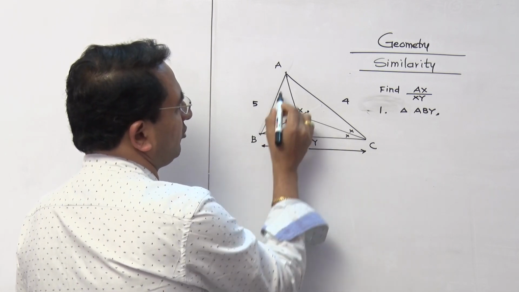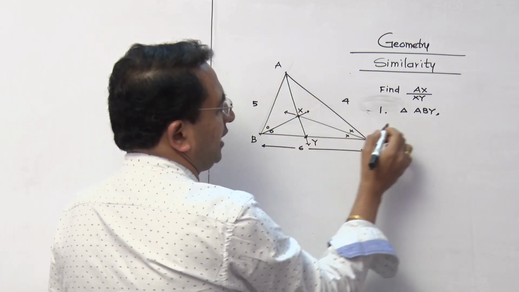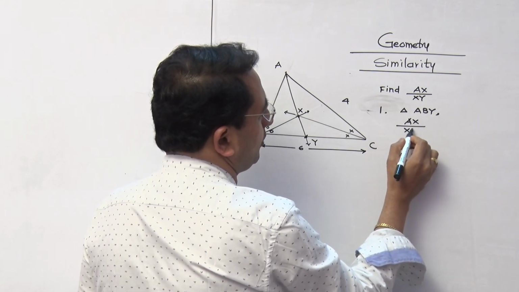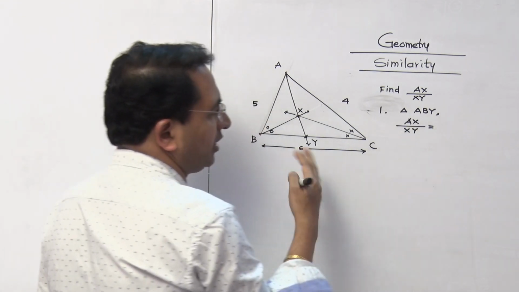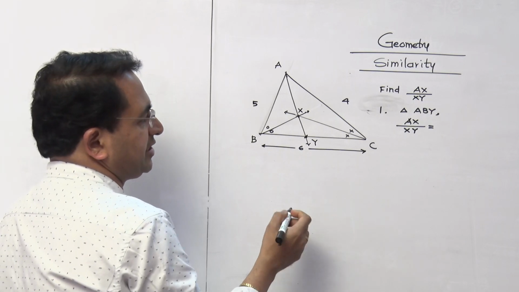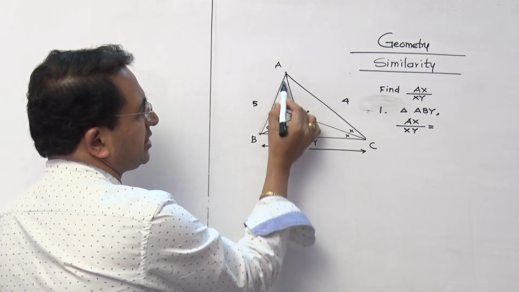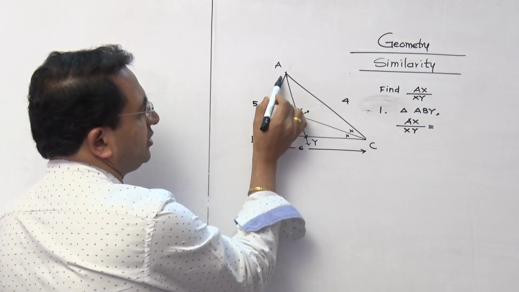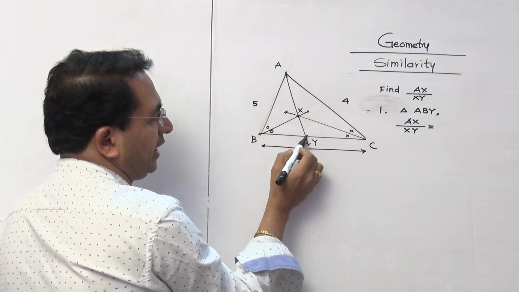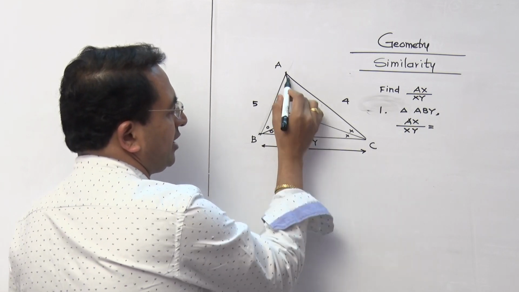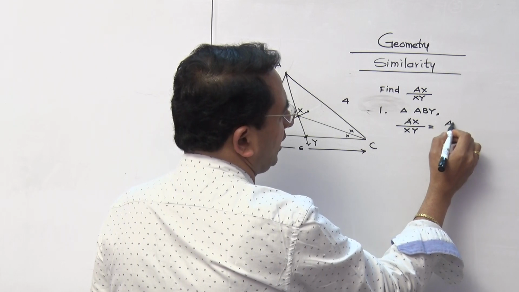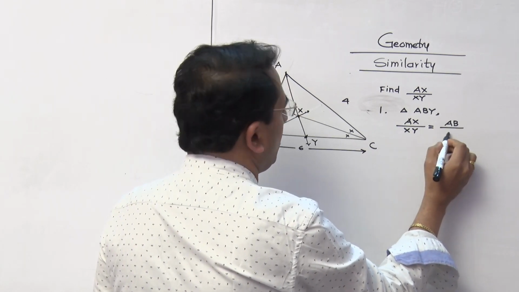The opposite side of this triangle is AY. It divides the opposite side, that means AX upon XY, in the ratio of the remaining sides. Now the remaining sides are these two, no? When you are taking this triangle ABY, the opposite side is AY but the remaining sides are these two. So I can definitely write this as AB upon BY.